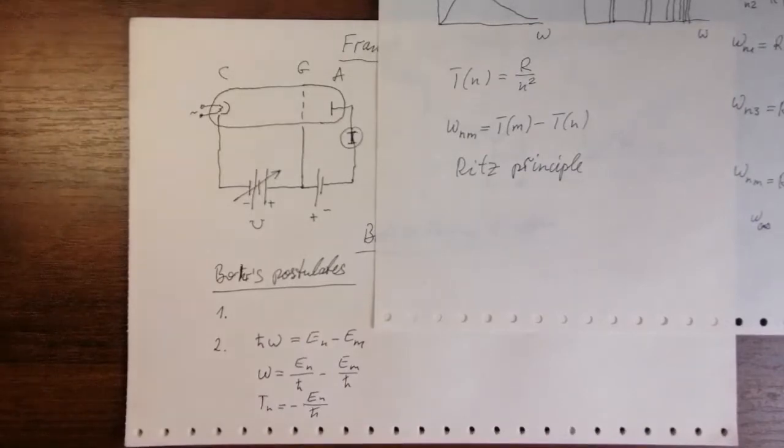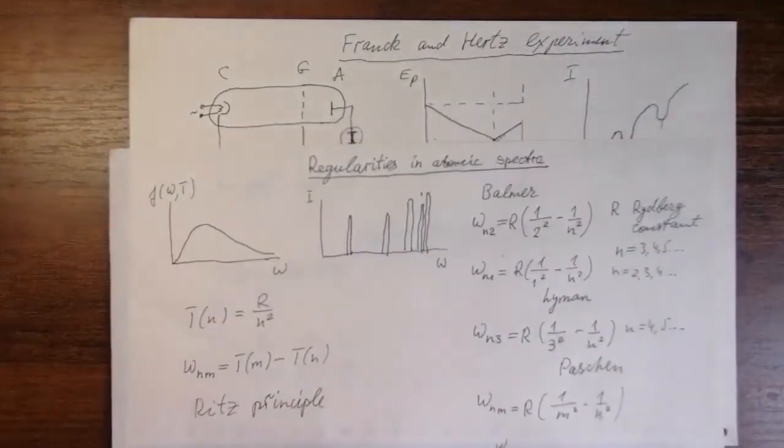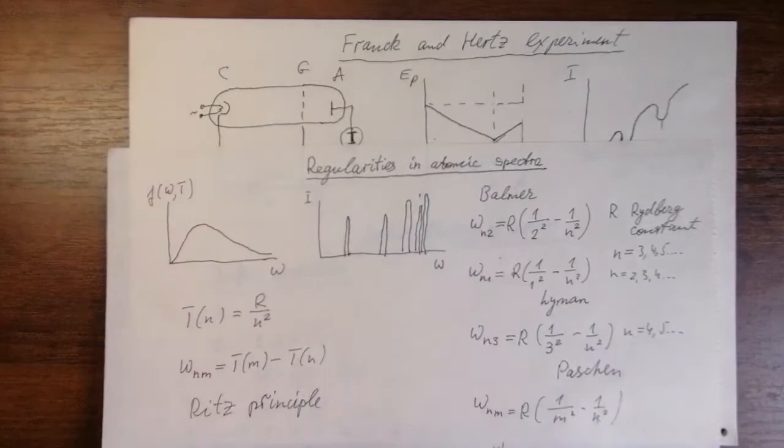So in this model we see that indeed if an electron jumps from one orbit to another orbit, and these orbits have these energies En and Em, then this omega will be observed, as we already considered in the Balmer series and other series.